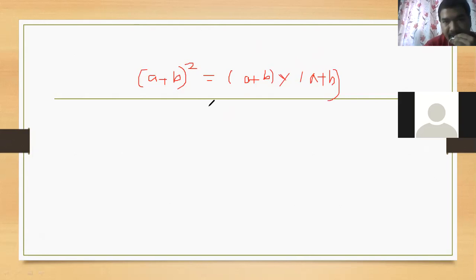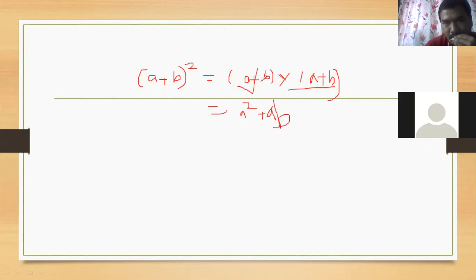When you multiply a with a, it will be a square. And next, a into b is ab, with the sign plus.